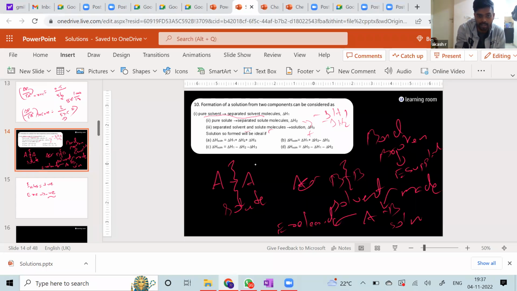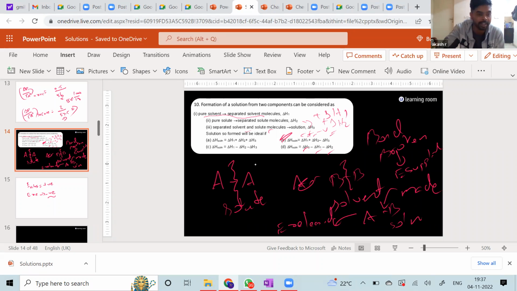Oh, we are getting exactly the opposite. Delta H1 and delta H2 should be positive because energy is absorbed, whereas delta H3 is going to be negative because energy is released. So option B should be the answer. Absolutely.